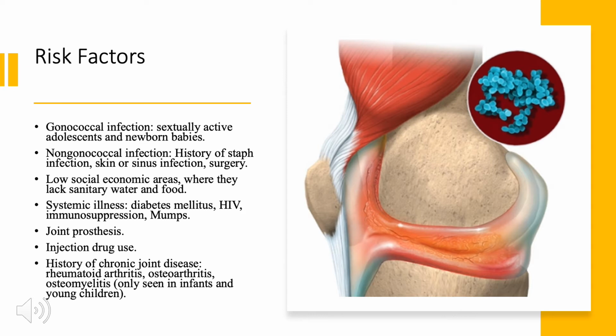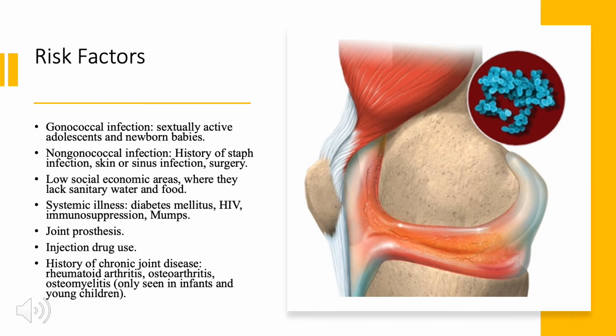Low socioeconomic areas lack clean water and food. Bacteria and viruses are common in dirty water and unwashed and uncooked food. If a patient has diabetes, septic arthritis is a risk because the drugs diabetics take can sometimes suppress the immune system, which then leaves the immune system unable to fight against infections.